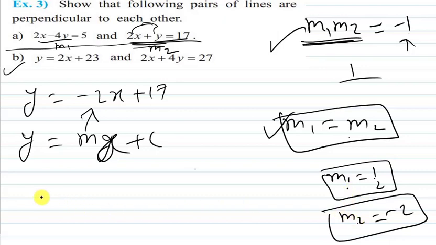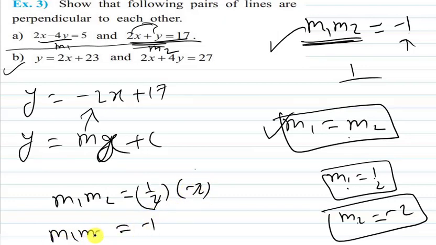Now m1 into m2 equals 1 by 2 into minus 2, which will be minus 1, right? As this product of slopes is minus 1, these two lines are perpendicular. You can write this in words if the question is in your boards, right?